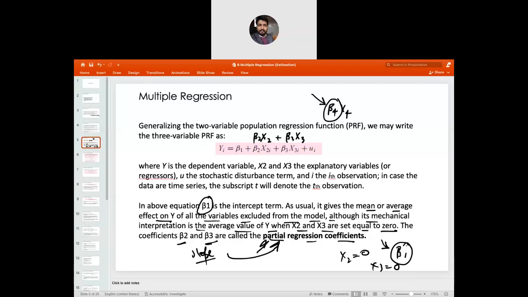So whatever the value of beta 1 is, for example 5, this is the effect on y of all the variables which are not explicitly written in the equation. And of course, this error term is there. This is the random disturbance term.